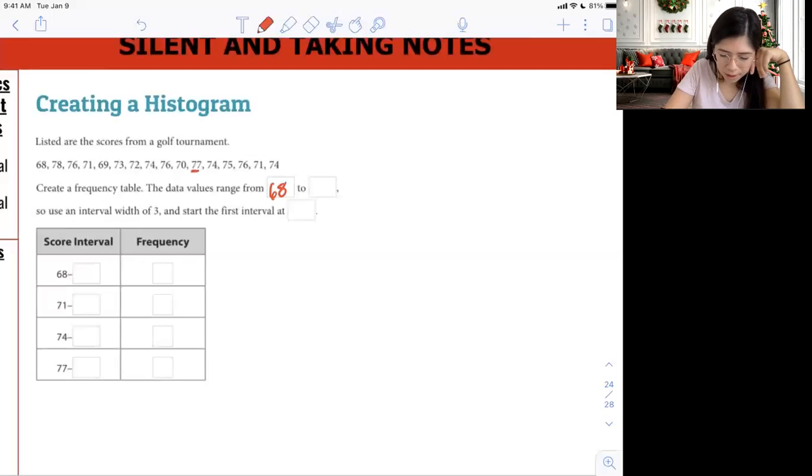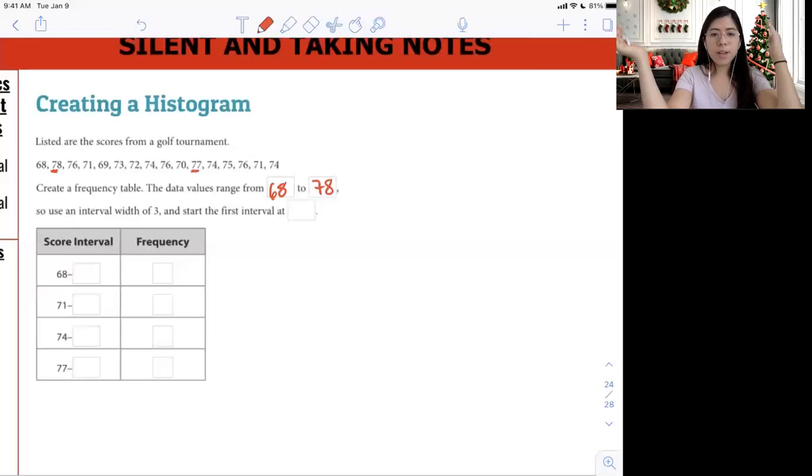I see one that's higher than that, 78. That's as high as it goes, right? So I have to go from 68 to 78, and I have to split everything evenly. In this case, they want us to use an interval of 3.